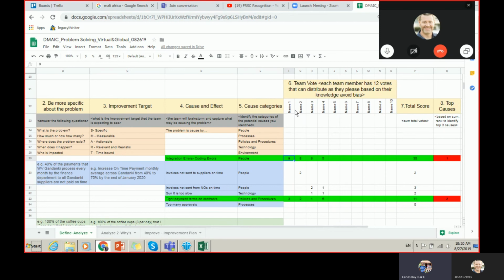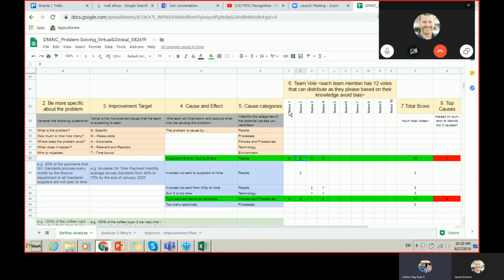In this example, let's say Carlos, that's me, I give 9 votes to integration errors and 3 votes to tight payment terms. Then Jason may say, I give 8 to integration errors, 2 to invoices, and 2 to something else. So each person will have 12 votes.